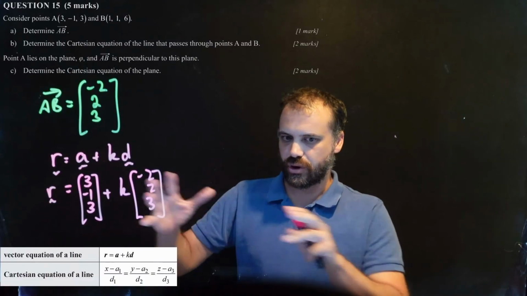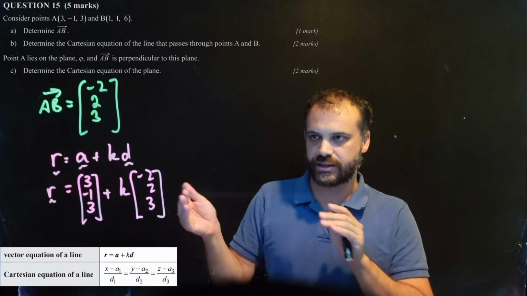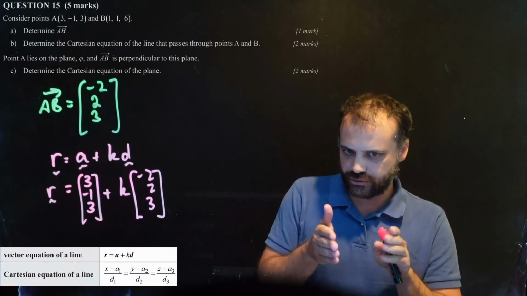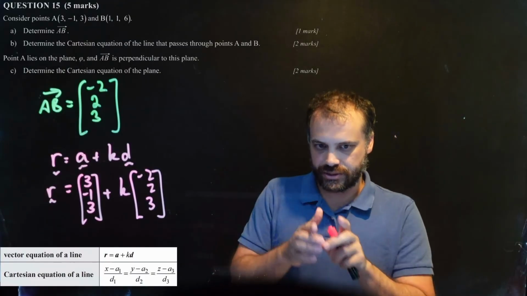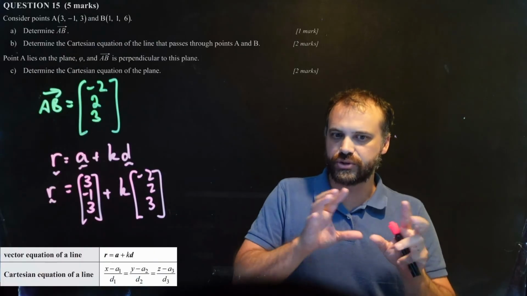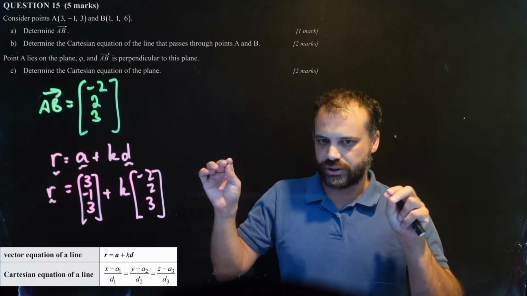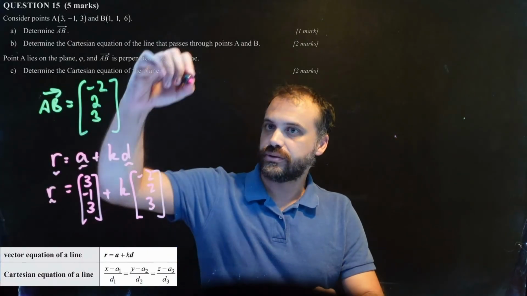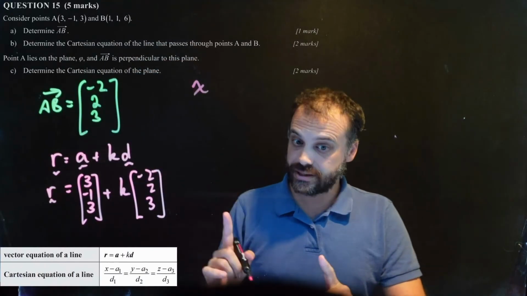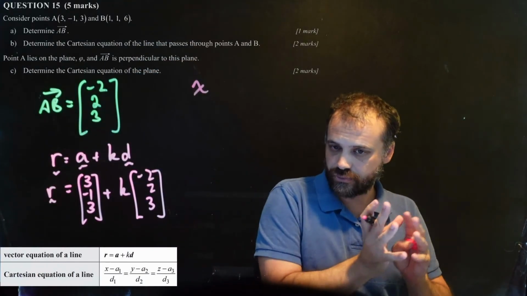What you can do is write this out as i's, j's, and k's, and then group the i's and group the j's and group the k's, and let x equals this and y equals this and z equals this. So I'm going to do that all sort of at the same time. All right, so x, we're moving to a Cartesian form here.